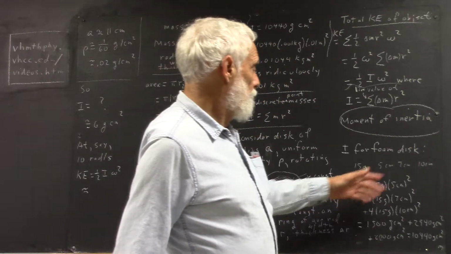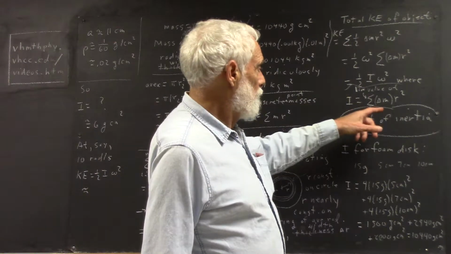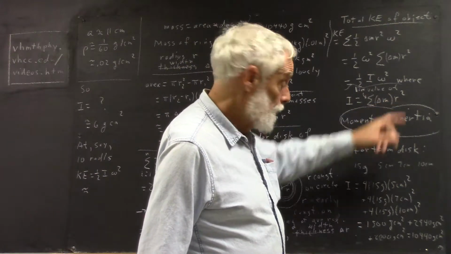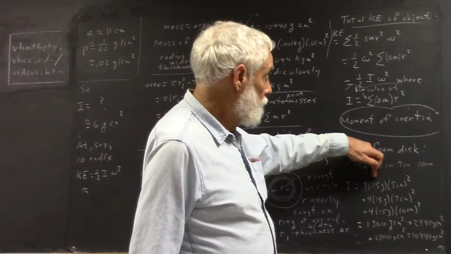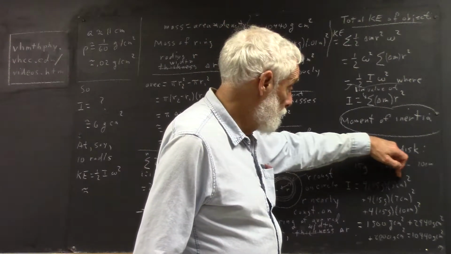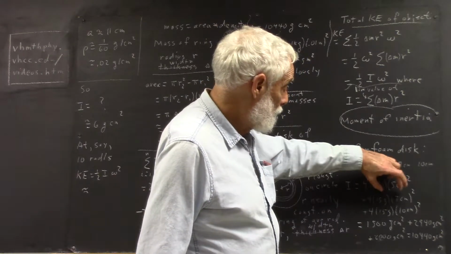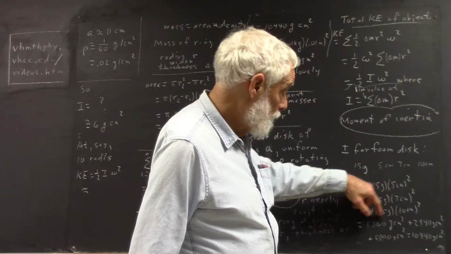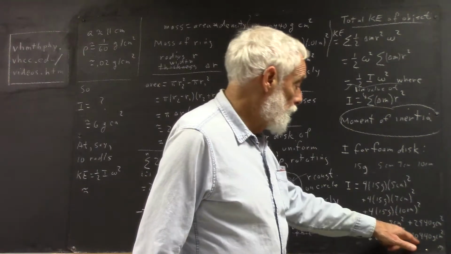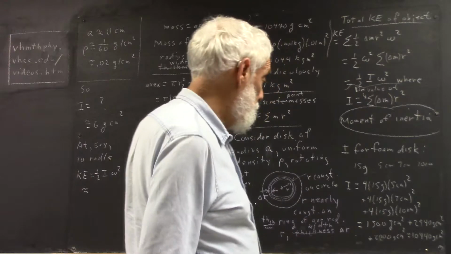Meaning that the moment of inertia of all these masses is going to be what? Well, we've got to add up all the delta m r squareds, okay? Well, the 15 grams, we have 4 of them at 5 centimeters, so there's our m r squared, and we multiply by 4. And then 4 of them at 7 centimeters, 4 the same at 10 centimeters. We add all that up, we get 10,440 grams centimeters squared.